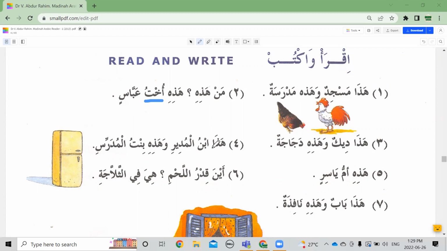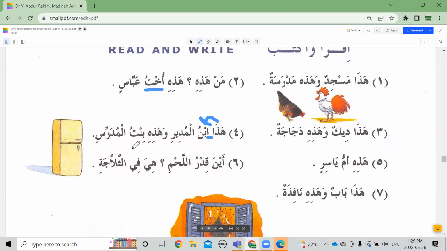Haza ibnul mudiri. Hamzatul wasl, remember, how do we pronounce this one? Hazabnul mudiri wa hazihi bintul mudarrisi. This is the principal's son and this is the teacher's daughter.